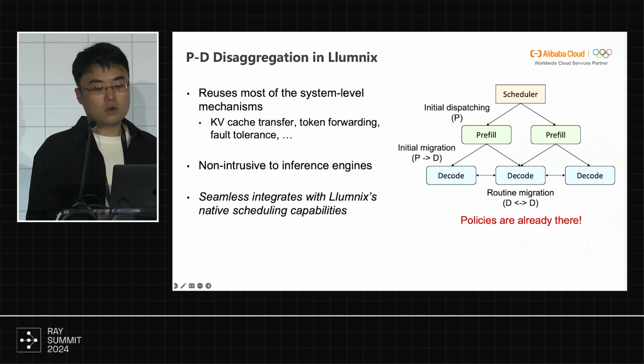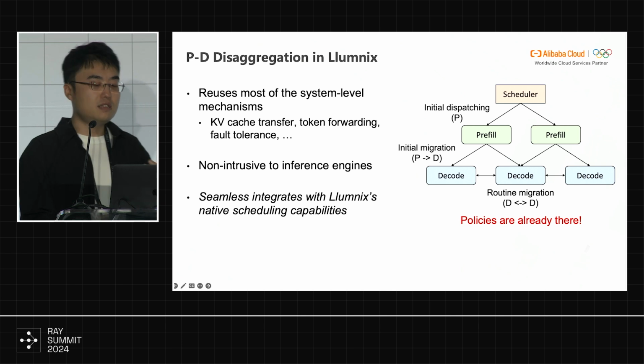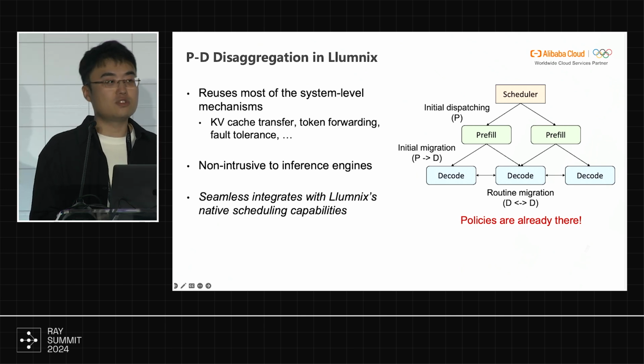And also fault tolerance, because you need to handle P instance failures and D instance failures respectively. All of these have been addressed by Llumnix with nearly no modifications needed. Another benefit is that it is non-intrusive to inference engines. The engines do not need to care about what type of instance it is, and it just needs to follow the instructions from Llumnix.